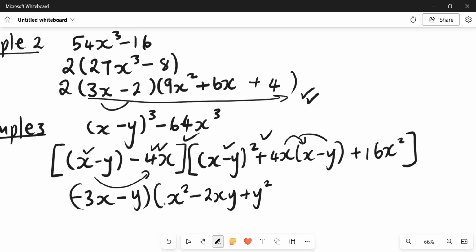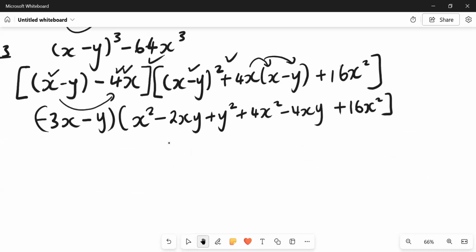So you'll have your 4x squared and minus 4xy. And then the last term is our 16x squared there. Close the bracket. And then from here, we have your 3x minus y.